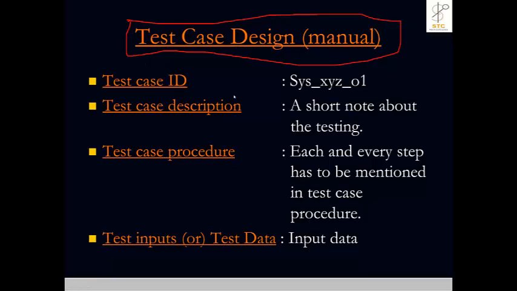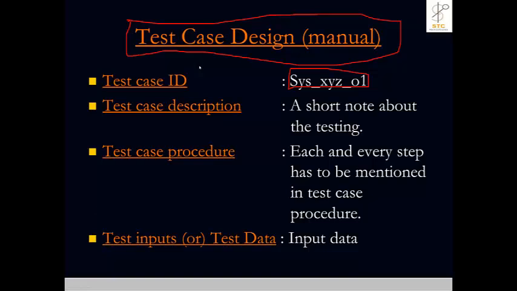Test case ID. Test case ID is any unique ID which you give to your test case. Okay, you can give anything. Test case description. What you are going to test? Test case procedure. How you are going to test?